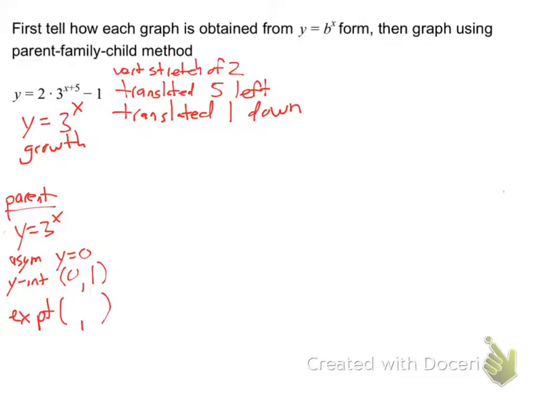And we all have, or we need, the extra point on the tail, right? And this is growth, we said, so we pick a point where? At 1, positive side. And what happens when I plug 1 in for x? You get 3, because 3 to the first power is 3.